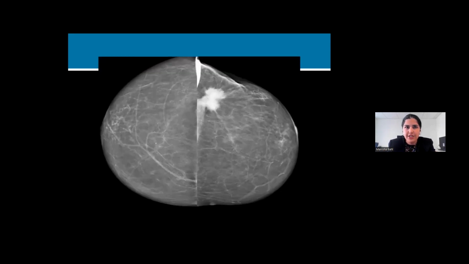This next patient presents for evaluation of an area of palpable concern in the left breast. She is a diagnostic patient since she has symptoms, not a screening patient. Now, the finding here is quite obvious. It's this high-density spiculated mass with associated skin retraction, and there's involvement of the pectoralis muscle.